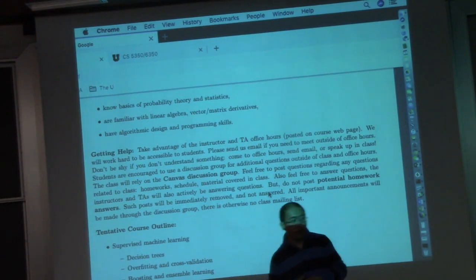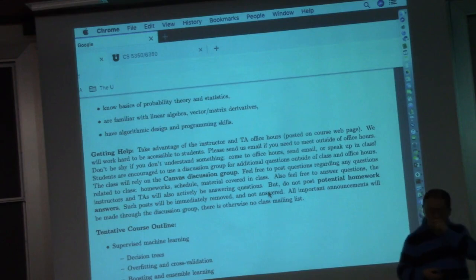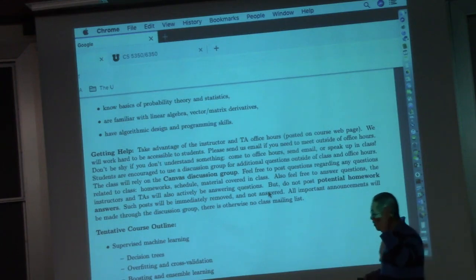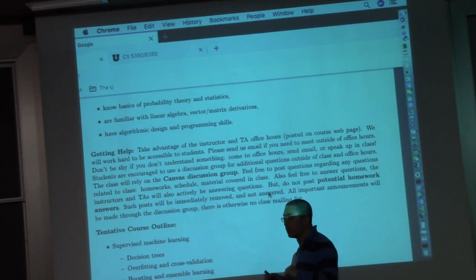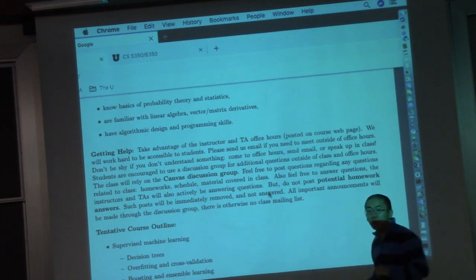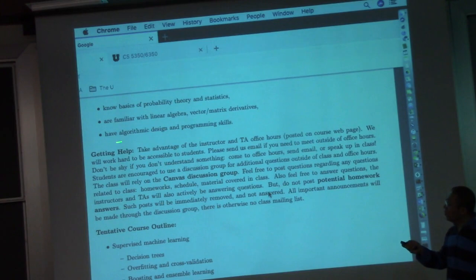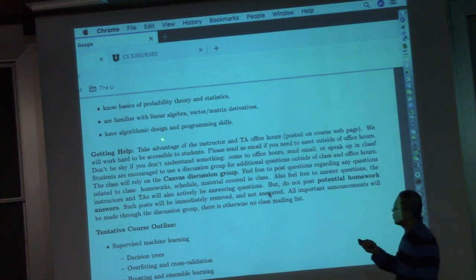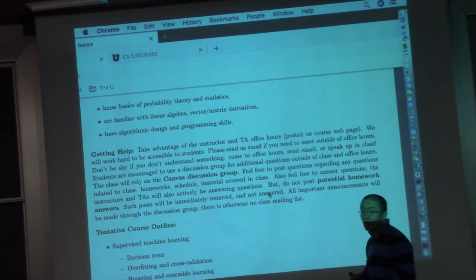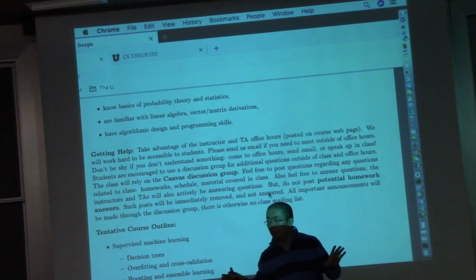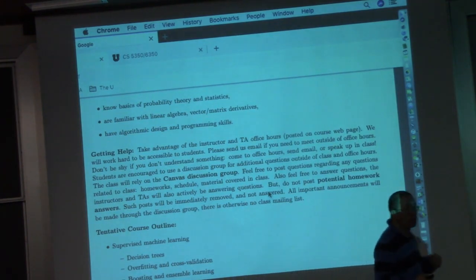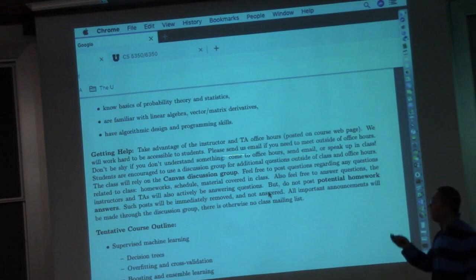I forgot the name of the language that's very commonly used, sorry. That's why you need to be very familiar with that. You also need skills in algorithmic design and programming. You don't have to be a programming master, but you must know how to program and implement your models.